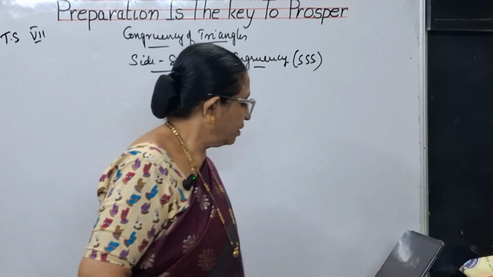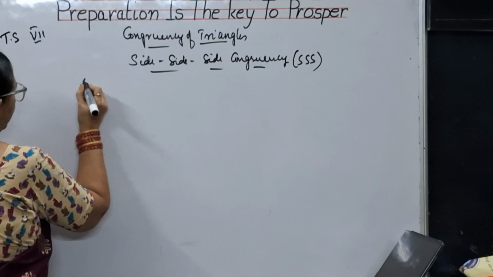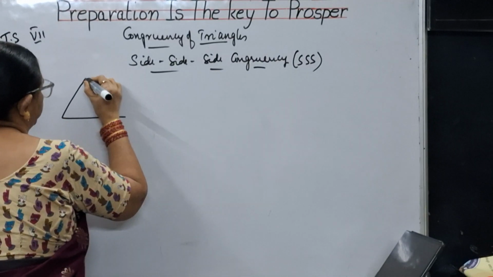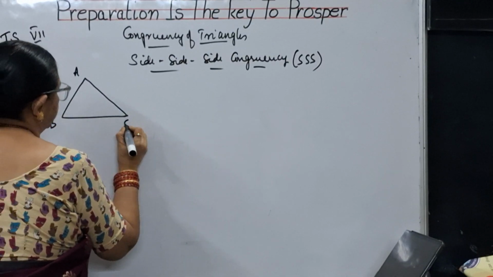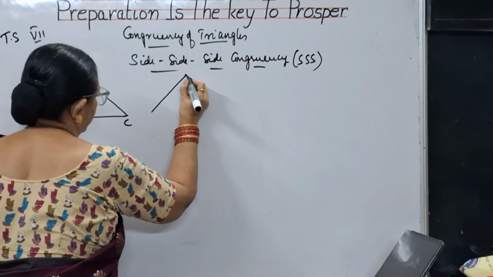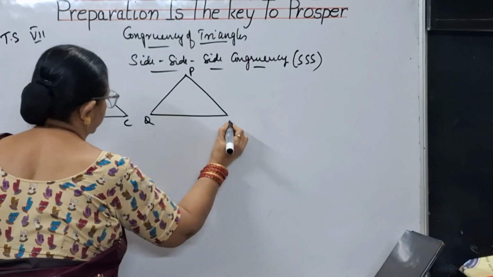The first one is the side congruency rule. Side congruency rule means suppose you have got triangle ABC and another triangle PQR.